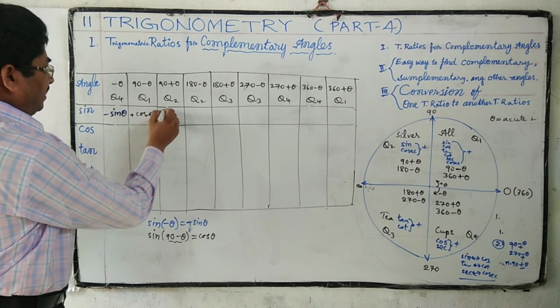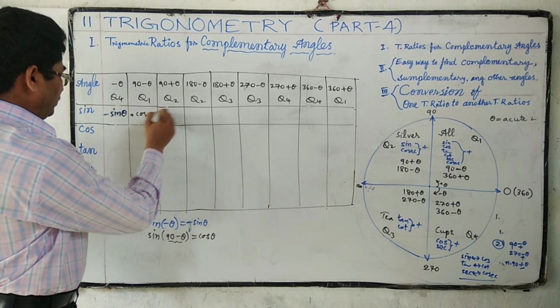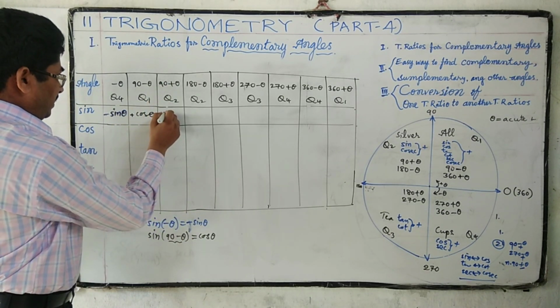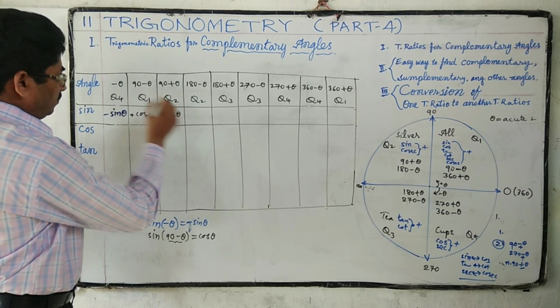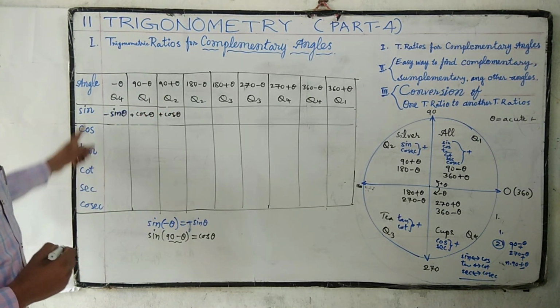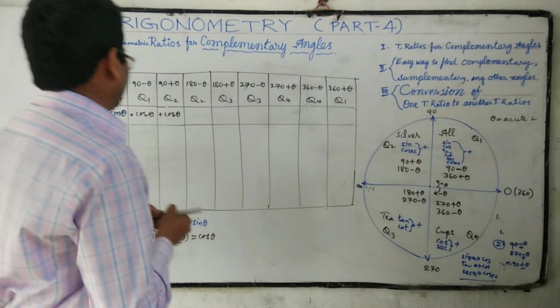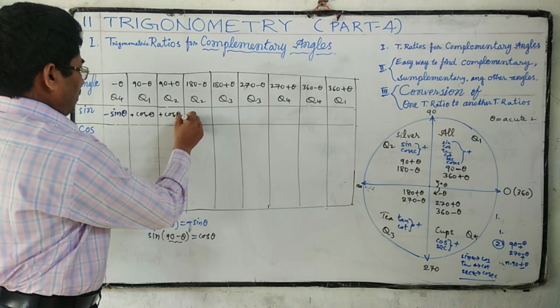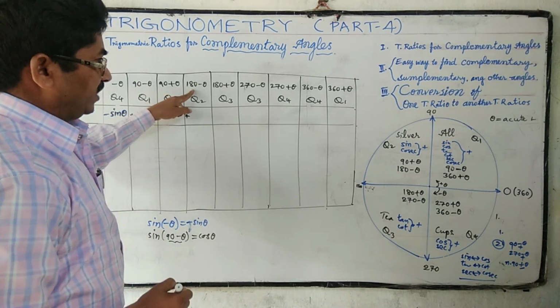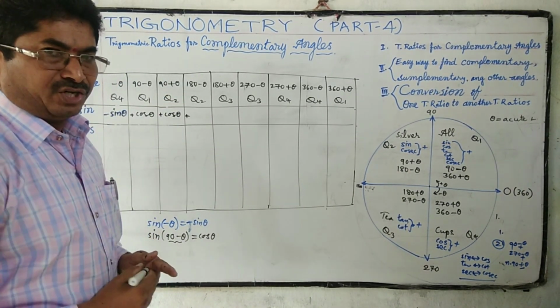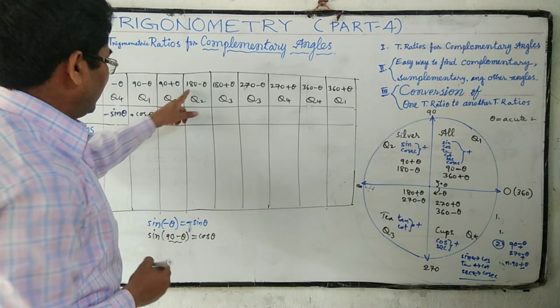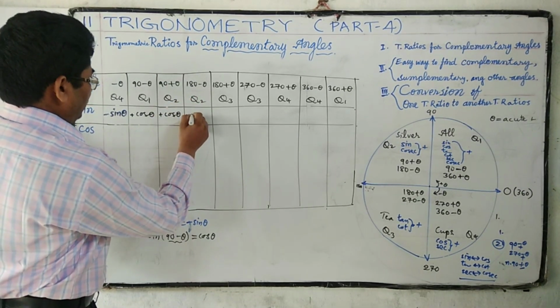So sine 90 plus theta is cos theta, we have to change the function. Next, sine 180 minus theta. This is also the second quadrant only. In this, sine plus only. Sine 180 minus theta, we no need to change the function. Why? Because 180 minus theta. Sine theta only.